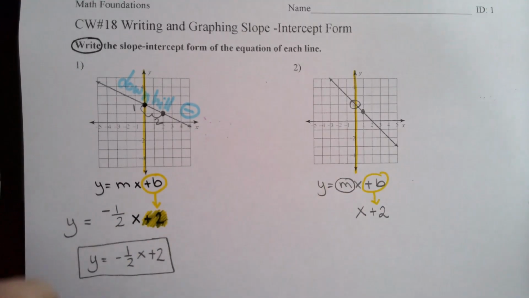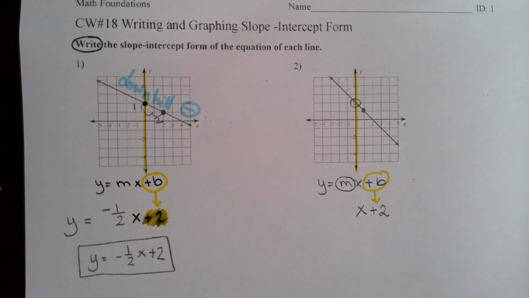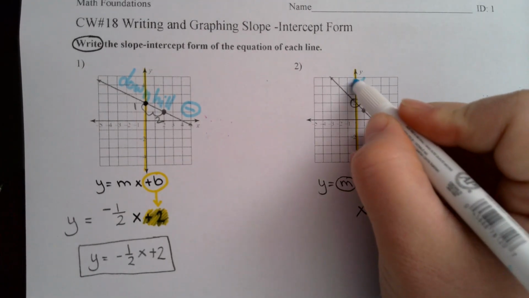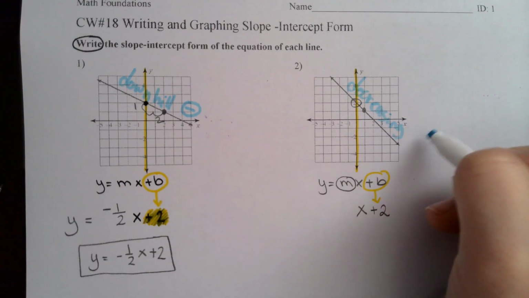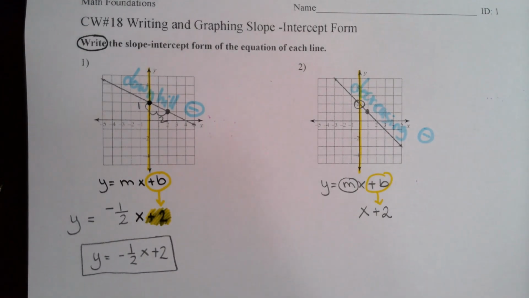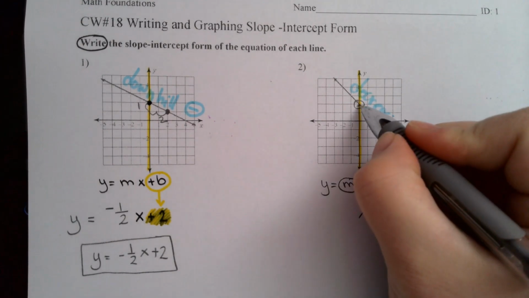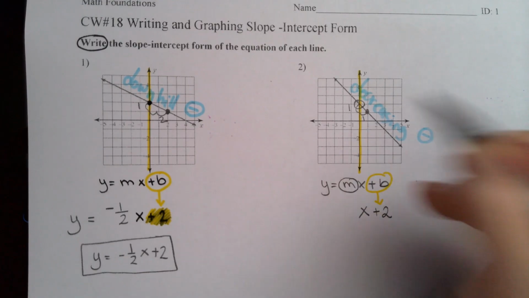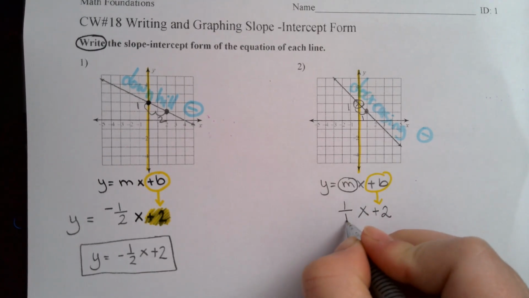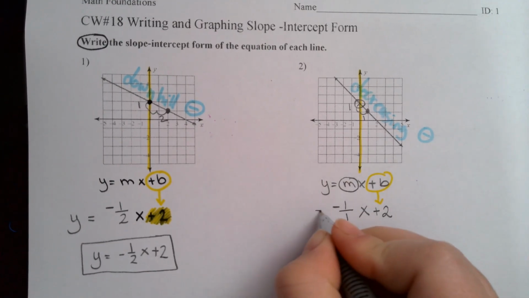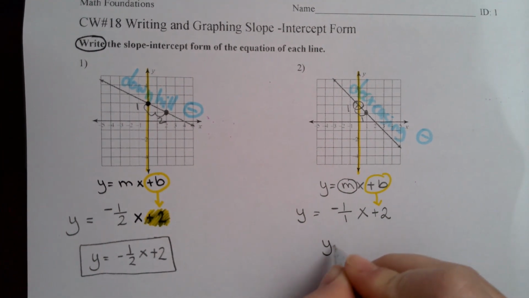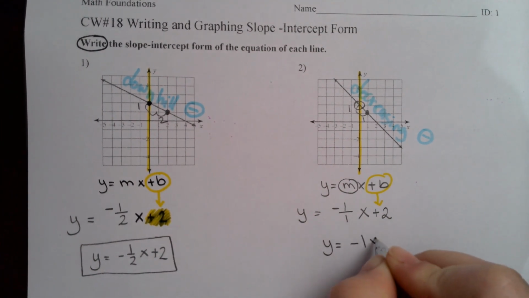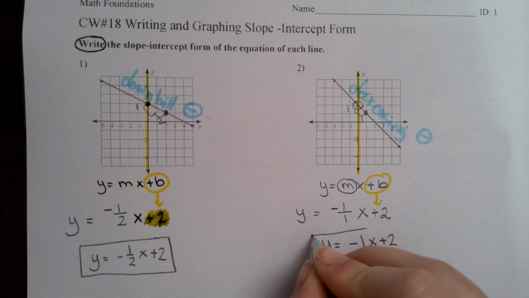That means, are we going uphill or downhill? We are, again, decreasing, going downhill, which means our slope is going to be negative. How many downs am I doing? I'm doing one down and one to the right. So one down, one to the right with a negative slope. And because 1 divided by 1 is just 1, we can simplify this as negative 1x plus 2.